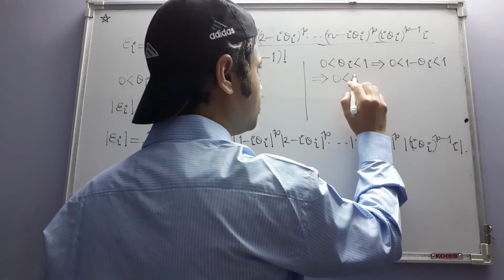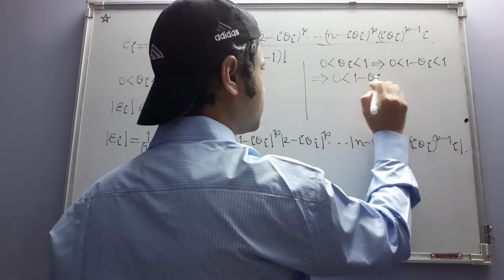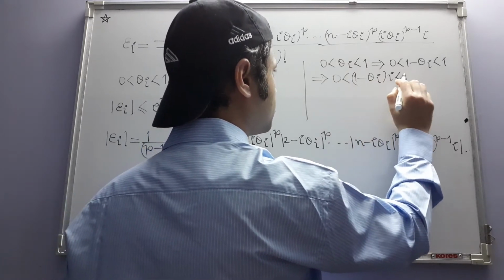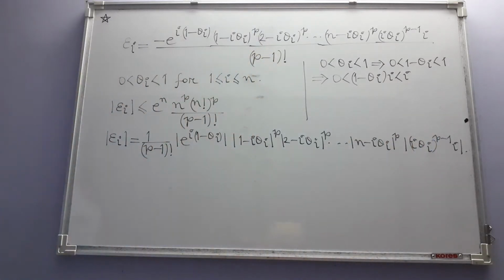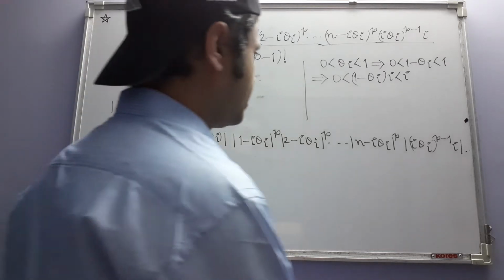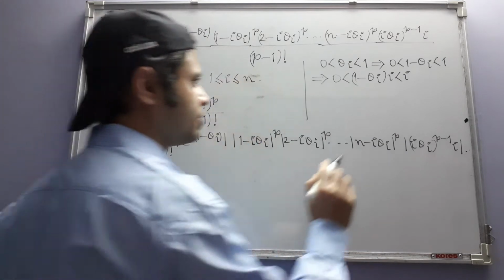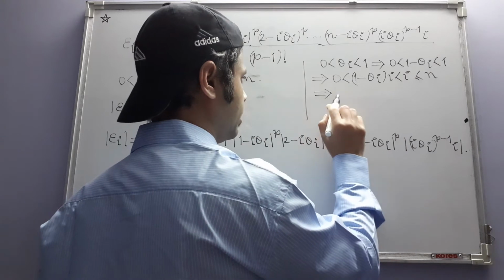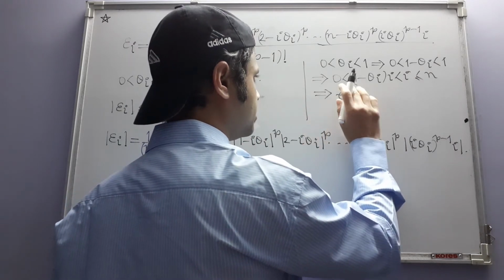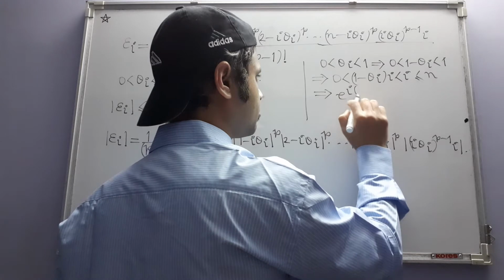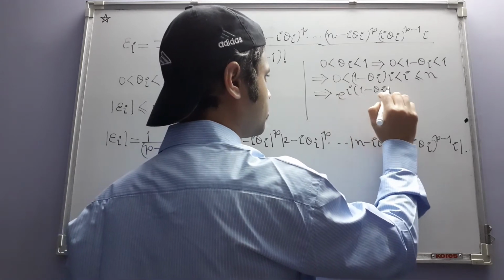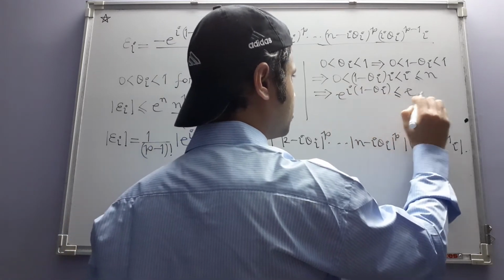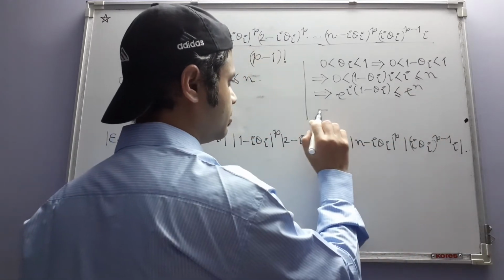So we get this is less than i, and i itself is less than or equal to n. So from these inequalities we directly get this is less than or equal to e to the power n.